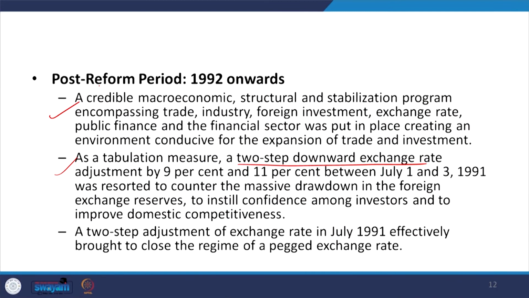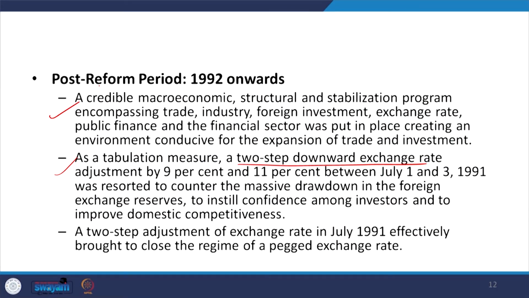And as a stabilization measure, a two-step downward exchange rate adjustment by 9% and 11% between July 1 and 3, 1991 was resorted to counter the massive drawdown in the foreign exchange reserves, to instill confidence among investors and to improve domestic competitiveness. Those steps were taken in 1992 onwards.